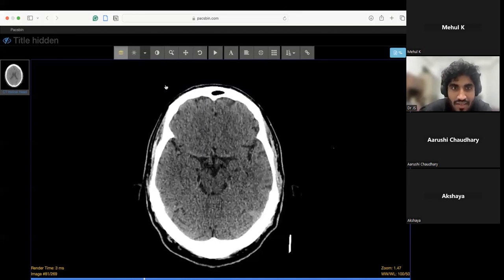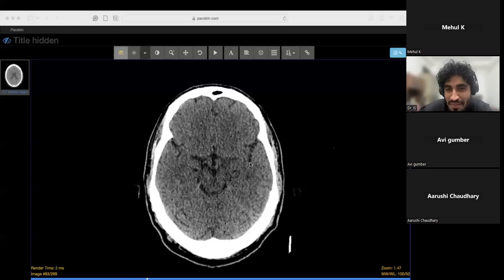Can you see this? Yes, sir. You did not watch Cartoon Network or Pogo? Pokemon? It looks like Mickey Mouse. Yes, Mickey Mouse. So this is a Mickey Mouse, not Pokemon.